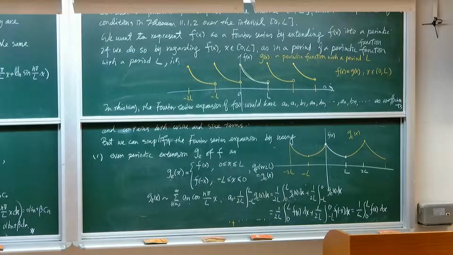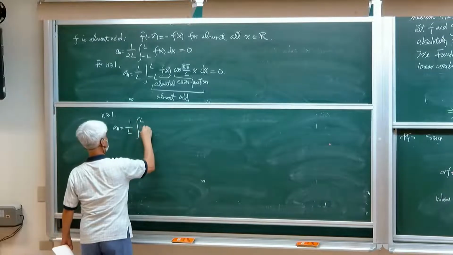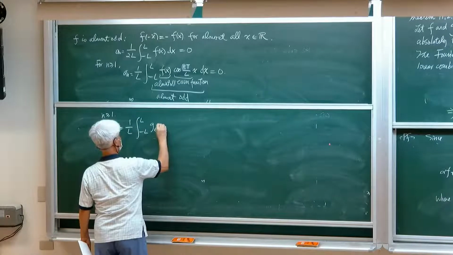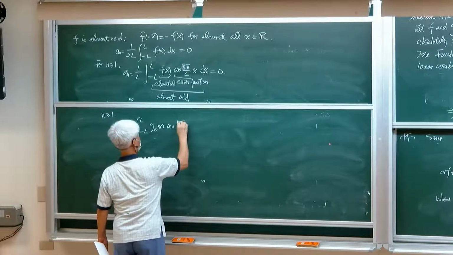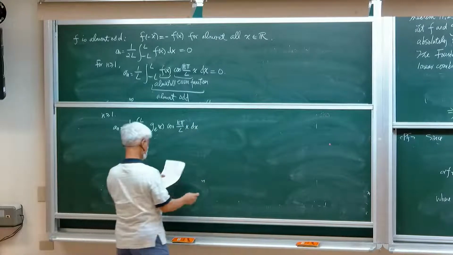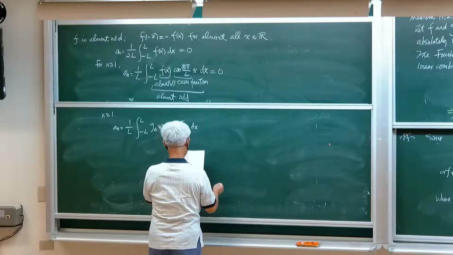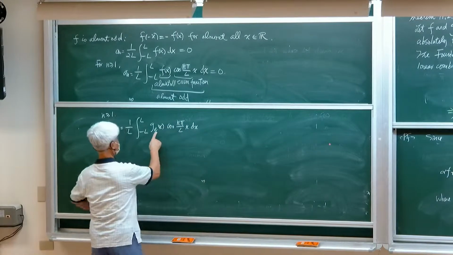So this is the a_n for a_0. How about the others? For n greater than or equal to 1, you can compute, and this is an even function.